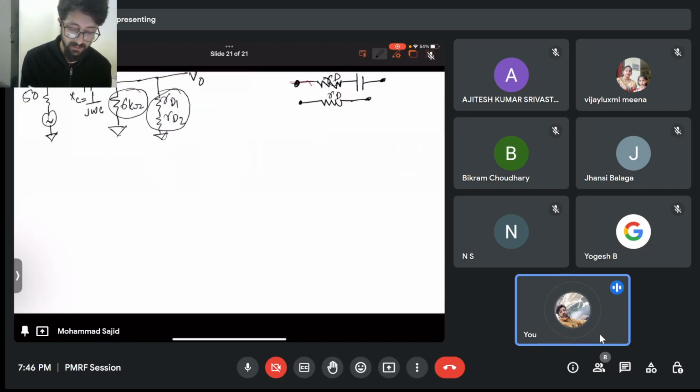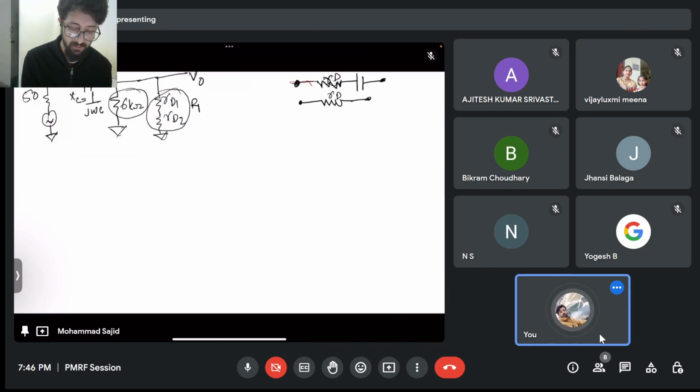If I treat this as R1, this as R2, this is XC and this is R3. R1 and R2 are in parallel. I will note it as R dash, which is equal to R1 R2 divided by R1 plus R2, where R1 is R diode 1 plus R diode 2, right?